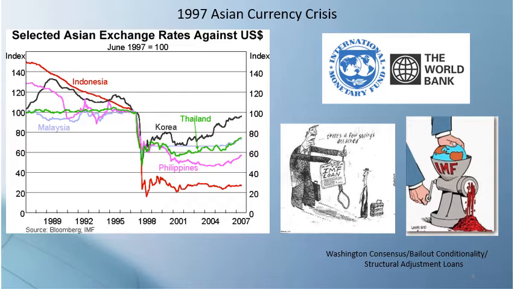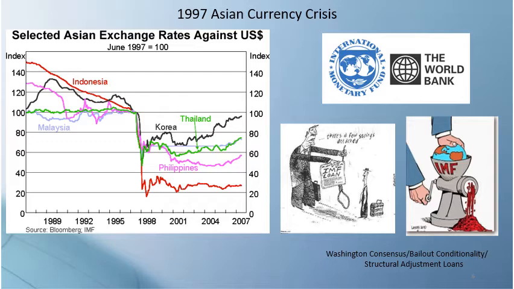so there is a chance to make some money if you sell your Korean won and buy US dollars, and the Korean won falls. When you convert it back into Korean won, you've gained more, right? You get more Korean won for your dollar.